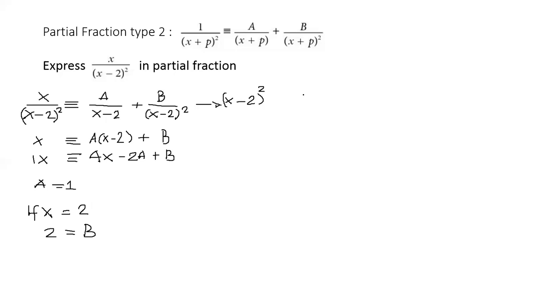So this expression, x over (x minus 2) squared, we may convert to partial fractions: 1 over (x minus 2) because a equals 1, plus b, which is of course 2, so 2 over (x minus 2) squared, like this.